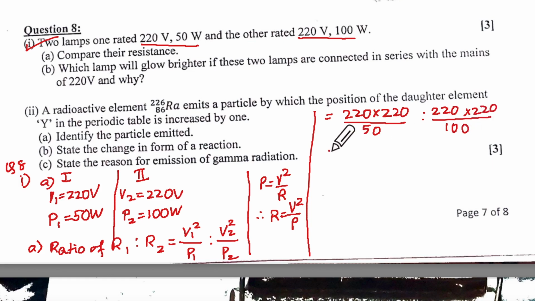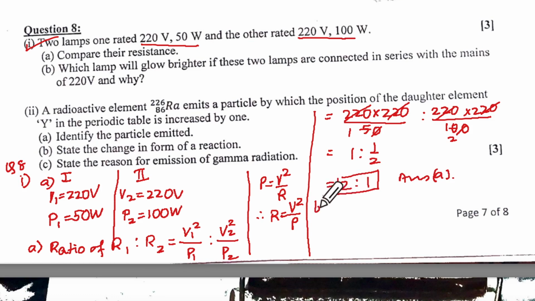Don't sit and multiply everything. 220 cancel. This 0 cancel. So 5 1's and 5 2's. So 1 is to 1 upon 2. So that will give us 2 is to 1. And this becomes our answer A.